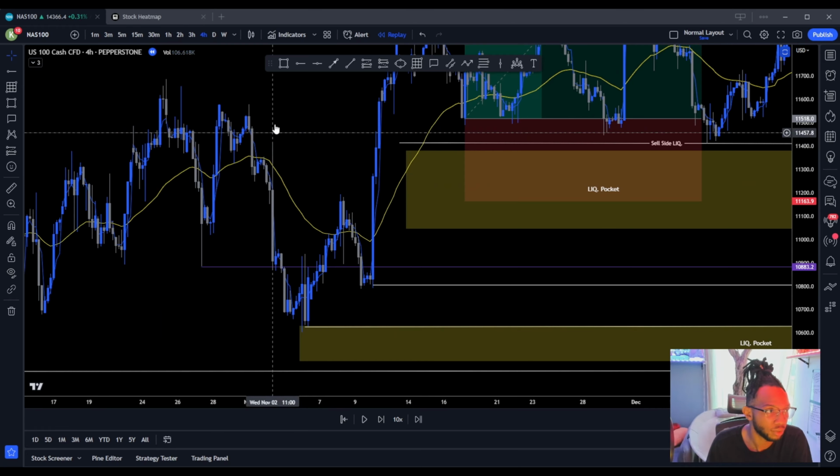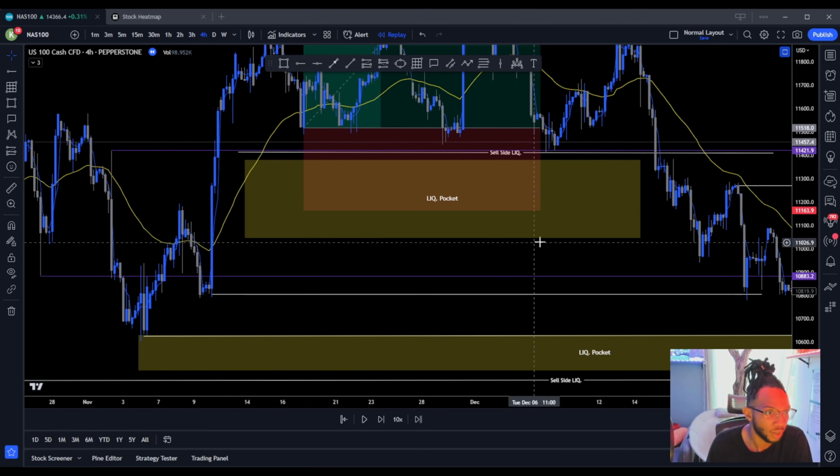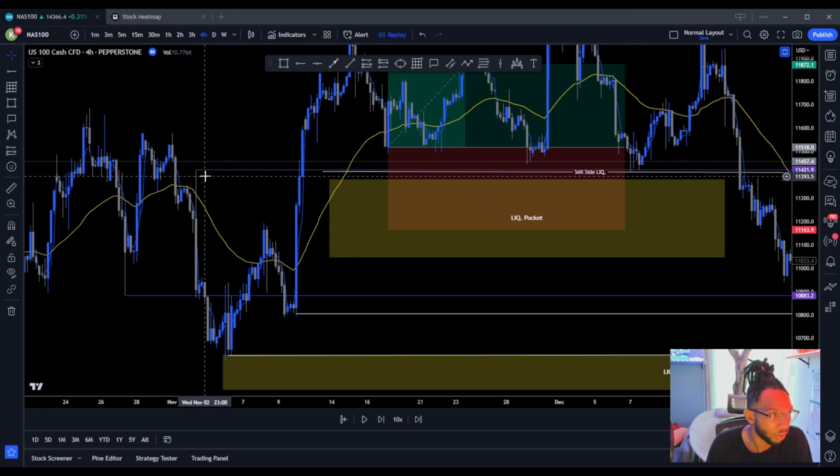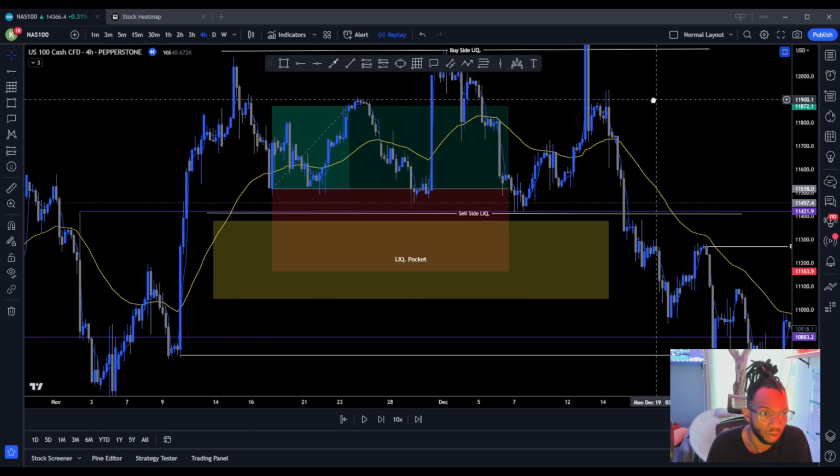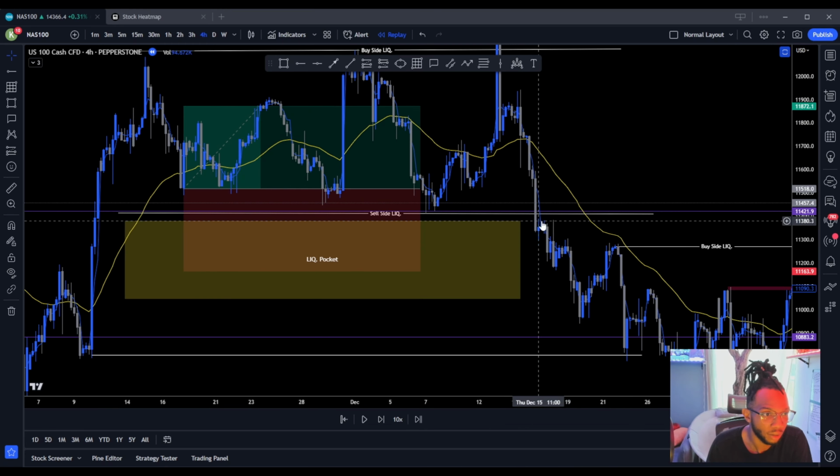So even this one right here, I will go ahead and mark this off as well, and then we can see even with this mark right here, it acted as a great support for a buy entry. Right there, boom. Took that all the way up. We bring it back down to here. A great area to know that, once again, they are putting in orders at this area, but this time they're putting in the orders for sells, okay?